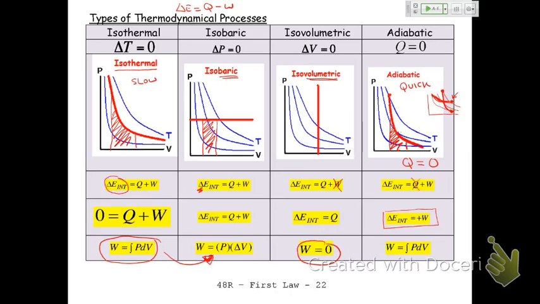In chemistry, because they looked at things from the gas's point of view, an expansion was always regarded as a negative thing. Whereas in physics, because we looked at things from the engine's point of view, we regarded expansion as a positive thing.